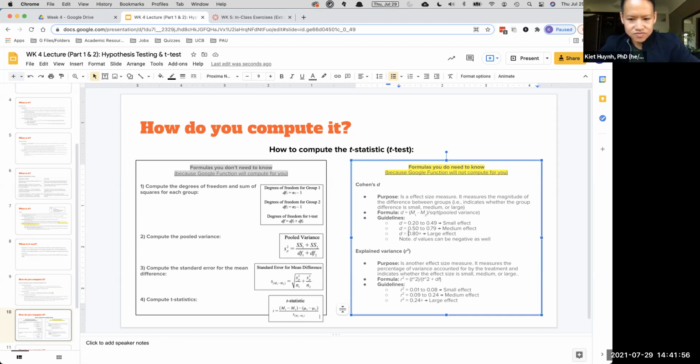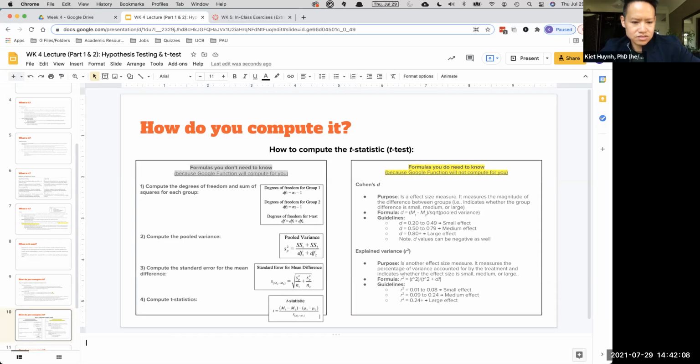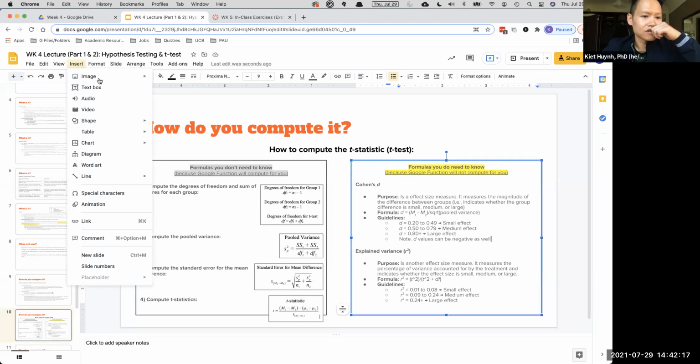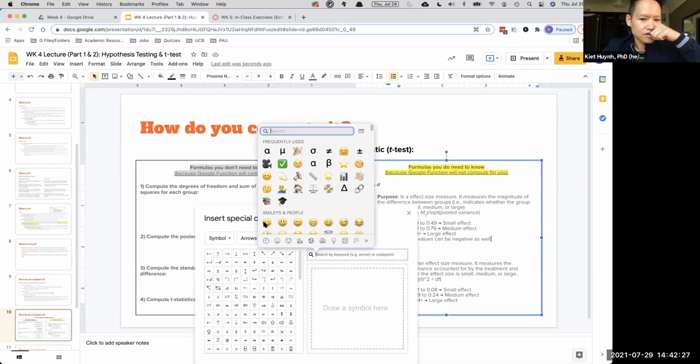Let me see if I can put plus or minus. Insert symbol. Special characters. There you go.